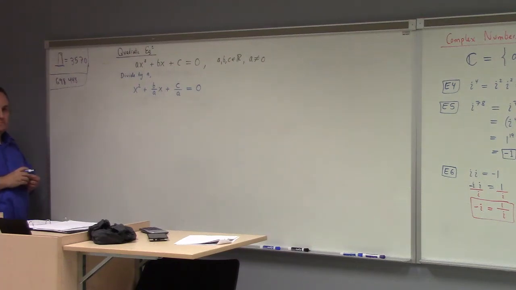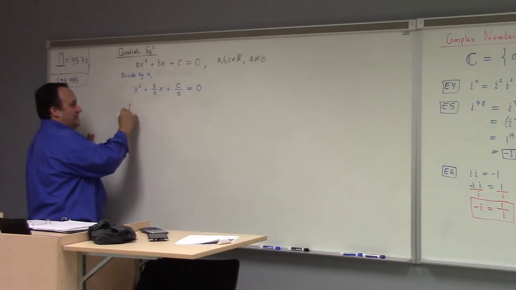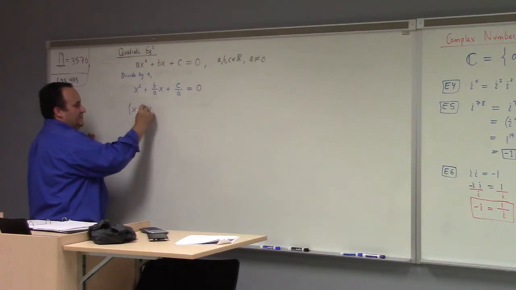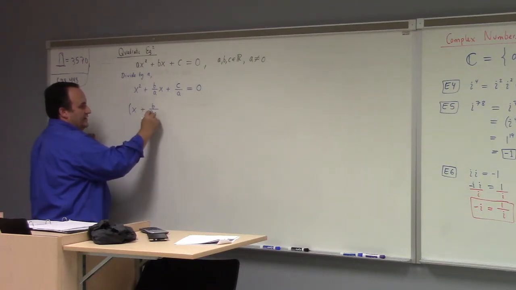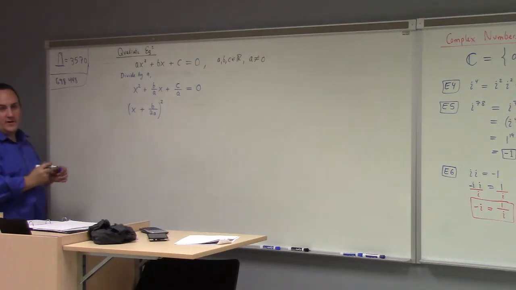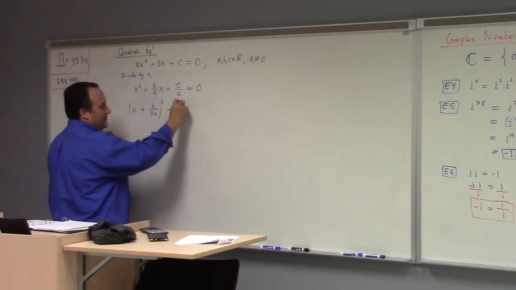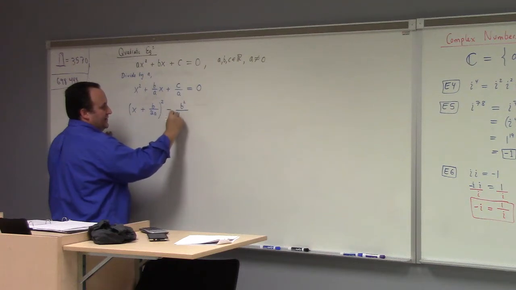All right. Now I'm going to do something rather sneaky. I am going to rewrite this as x plus b over 2a quantity squared, all right? And then I'm going to subtract b squared over 4a squared.